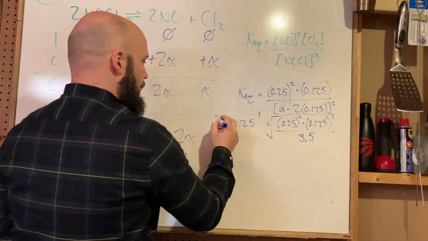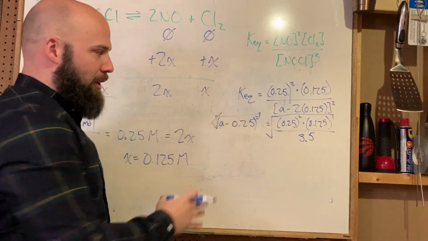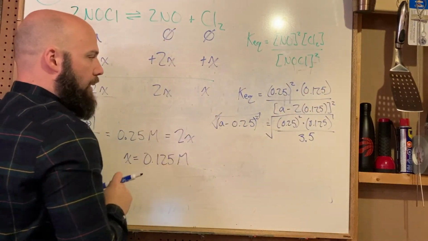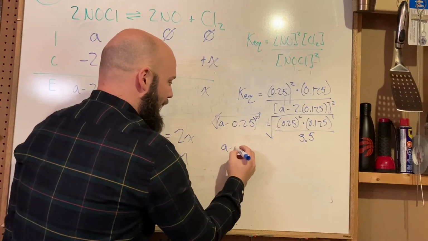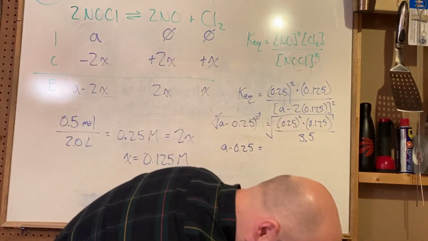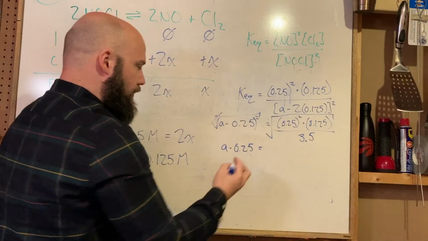Here the squares cross themselves out, so I didn't include the squared from this equation when I rearranged originally. That's important. So A minus 0.25 equals, if you do all of that, you're going to get 0.047245.